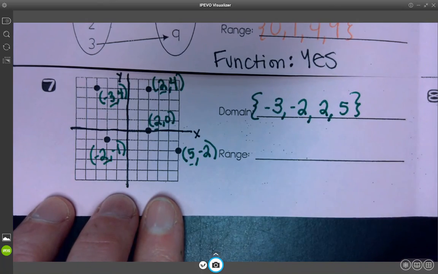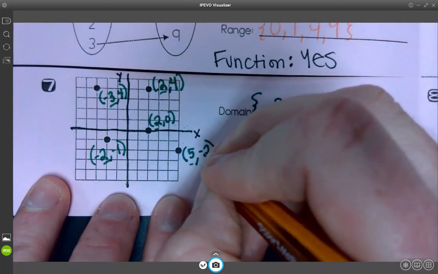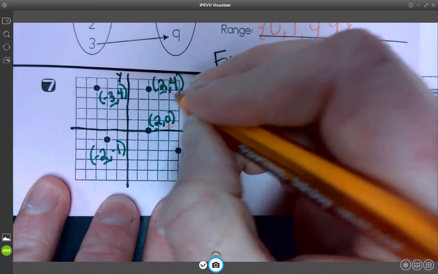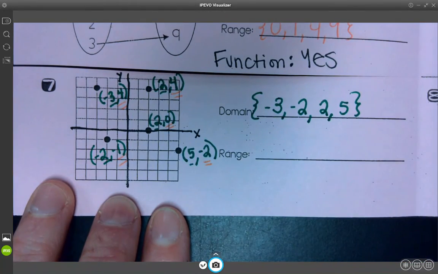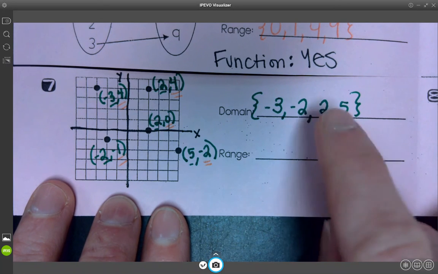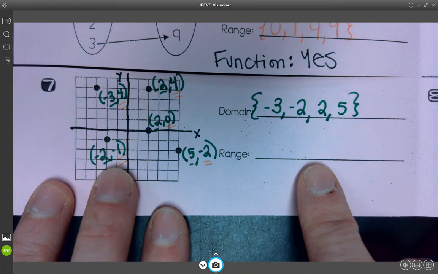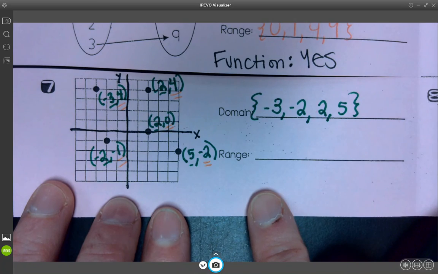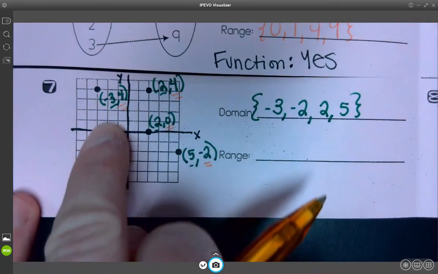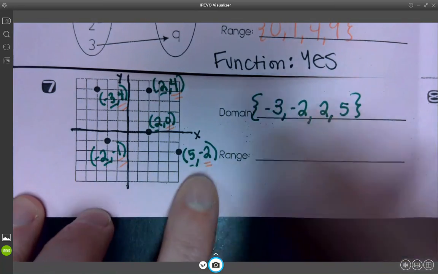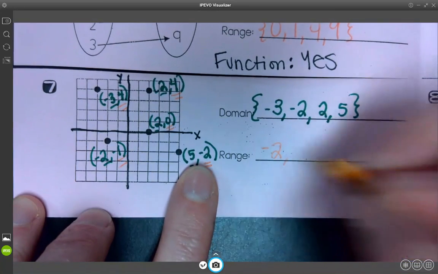And then our range is all of our Y's. So put a double line underneath all your Y's. Okay, so our least would be our lowest because our y-axis is going up and down. So we go all the way down. Yep, -2. Up.